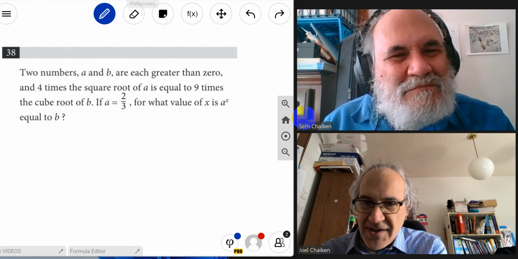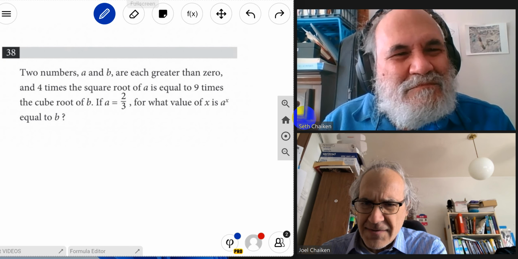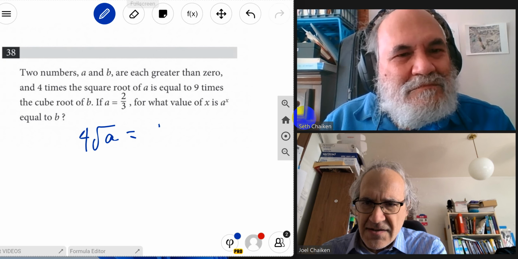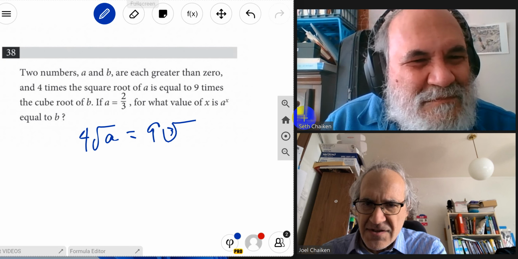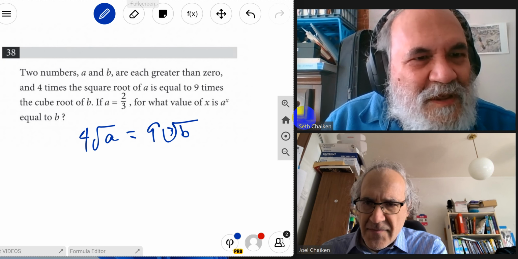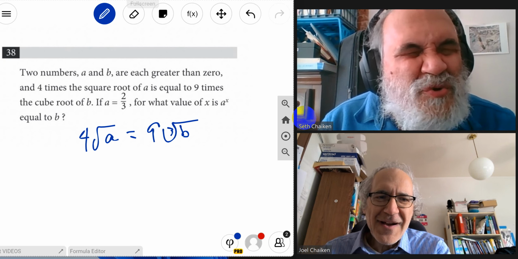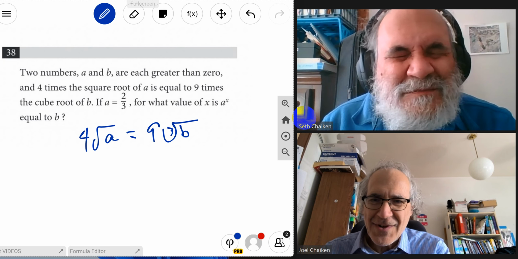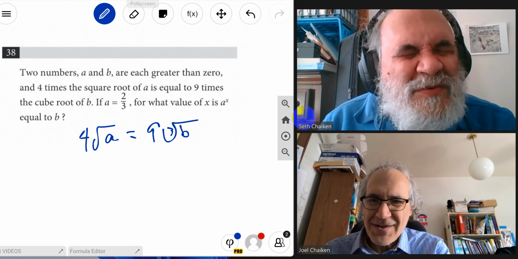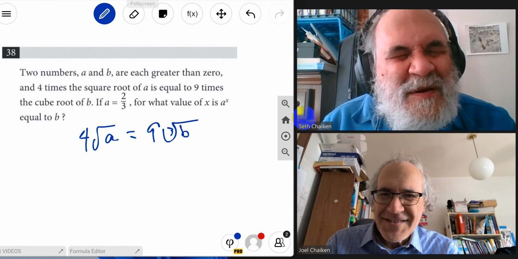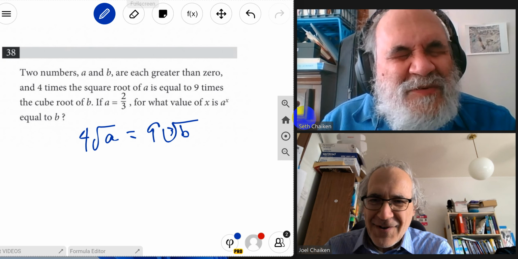Two numbers, A and B, are each greater than 0, and 4 times the square root of A is equal to 9 times the cube root of B. You wrote the right thing, but said the wrong thing.